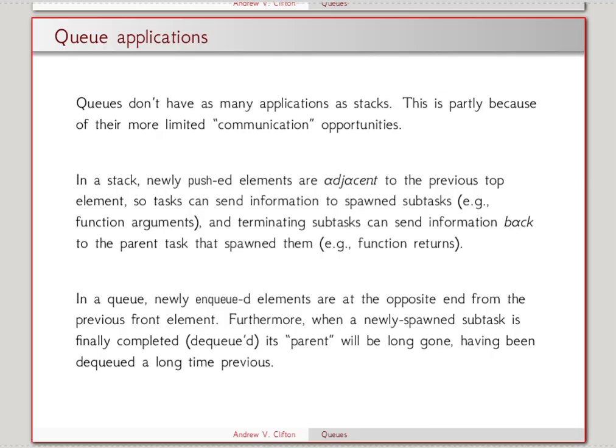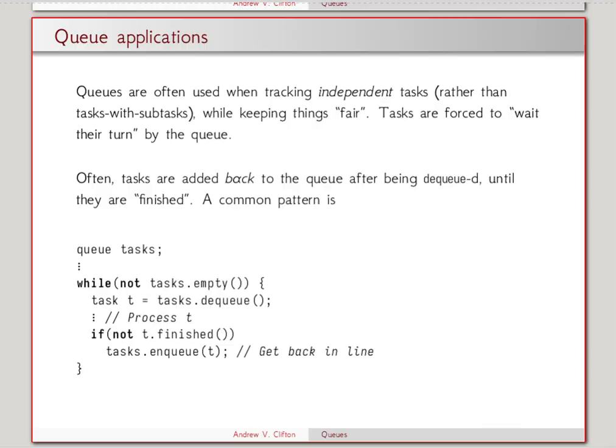But there are some algorithms where you can literally just swap out a queue for a stack and get the same algorithm, but with a slightly different pattern to how it works. Queues are used to keep things fair. A lot of times, after we dequeue something, we'll add it back into the queue, at the back of the line.